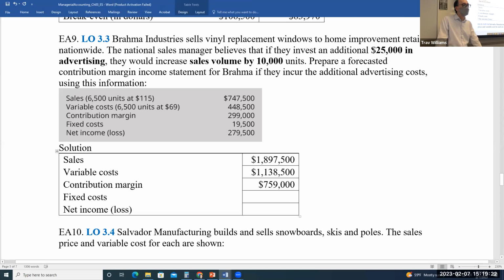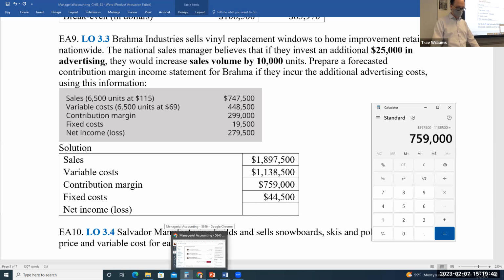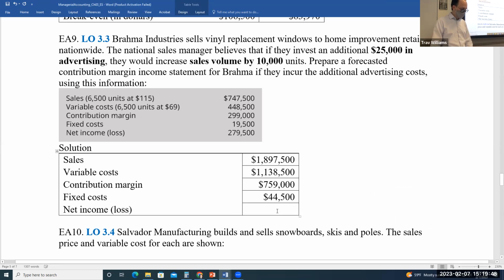So we're going to go ahead and just add that $25,000 in fixed advertising costs to our previous fixed costs. Okay, so that'll give us 44,500, right, in fixed costs. And if we subtract that from our contribution margin, we get a net income of 714,500.